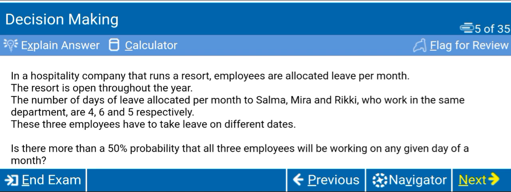The number of days of leave allocated per month to Selma, Mira, and Ricky, who work in the same department, are 4, 6, and 5, respectively. These three employees have to take leave on different dates.